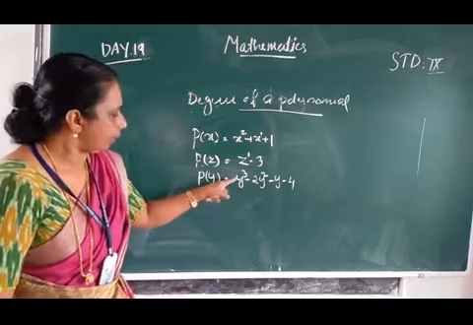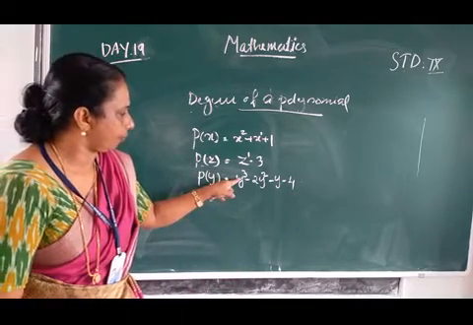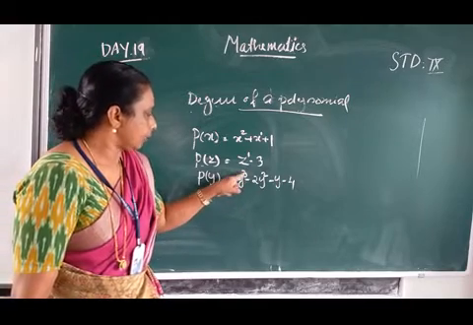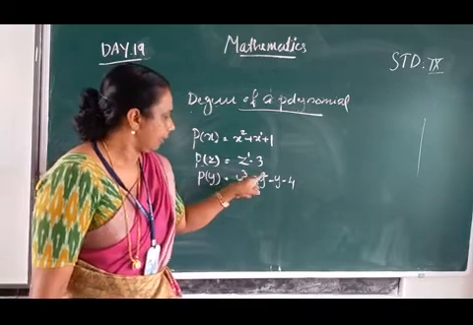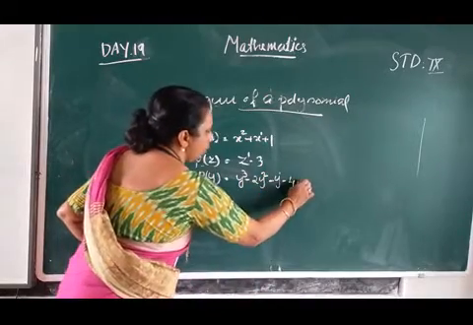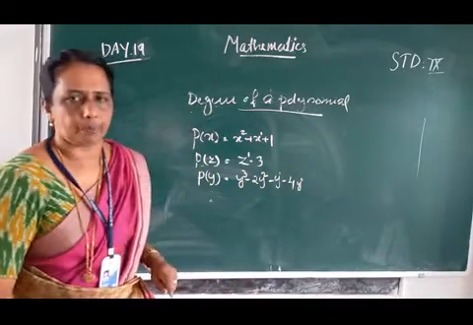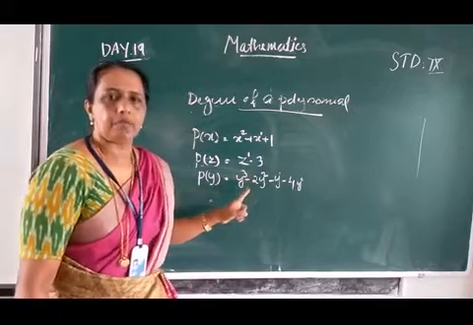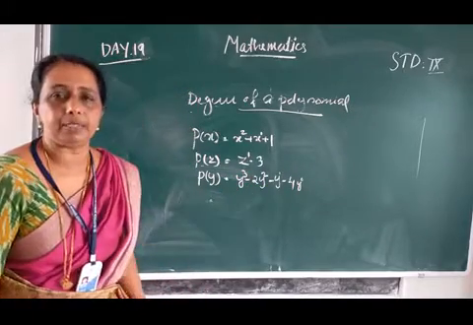The power of the first term, variable y raised to 3, is 3. Here 2, here 1, and here, y raised to 0, is 0. Here the highest power is 3. Therefore, the degree of this polynomial is 3.